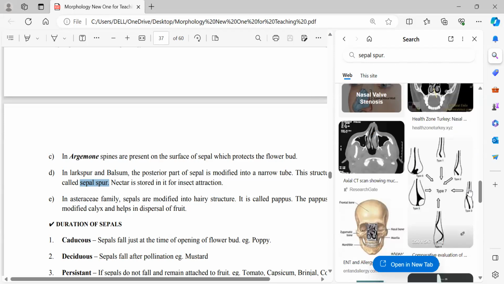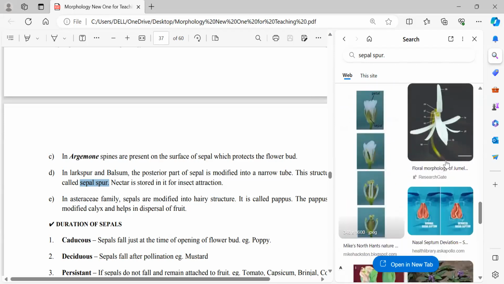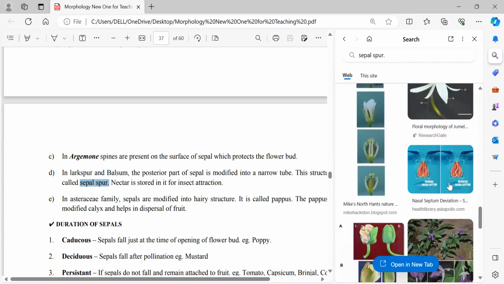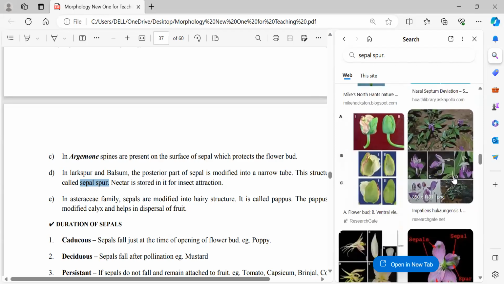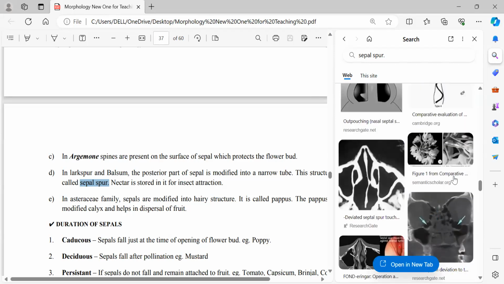Yes, sir. इसका रोल क्या है सेपल स्पर का? To provide nectar to the insects, to secrete nectar. Nectar.